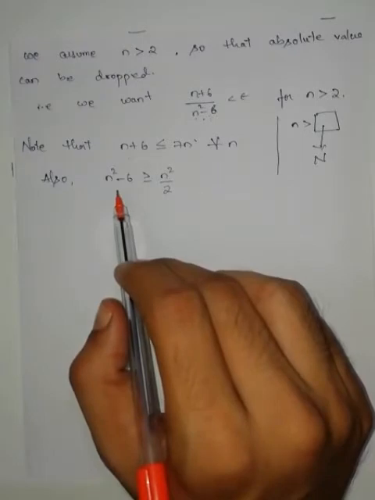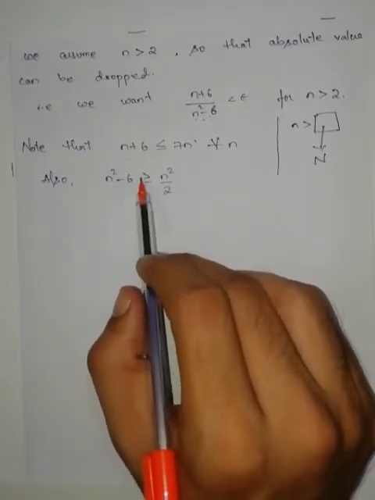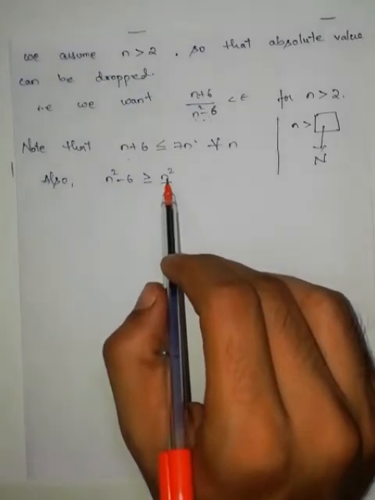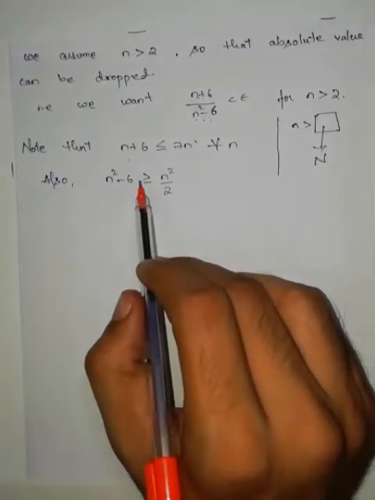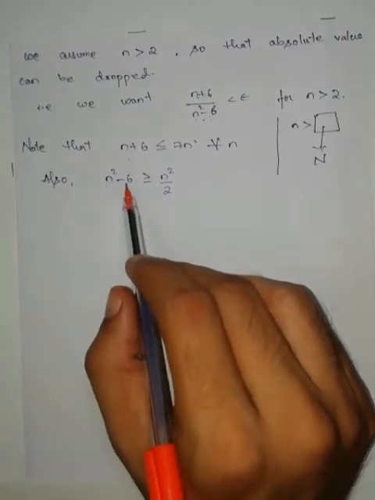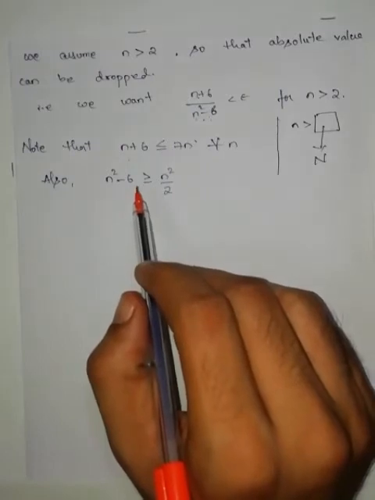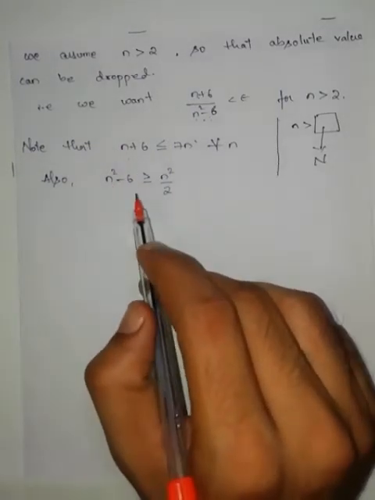If I take n equal to 3, 9 − 6 = 3 is greater than or equal to 4.5, again fails. If I take n equal to 4, it will satisfy: 16 − 6 = 10, 16/2 = 8. If I take any n value which is greater than 3, it will satisfy.